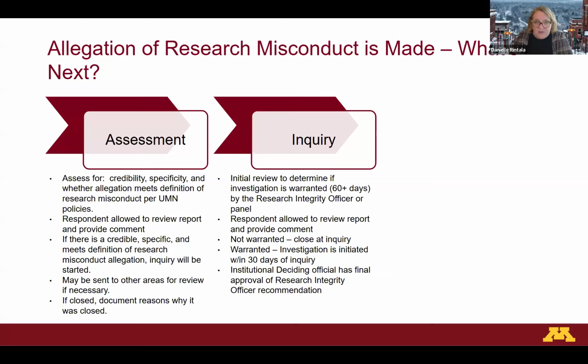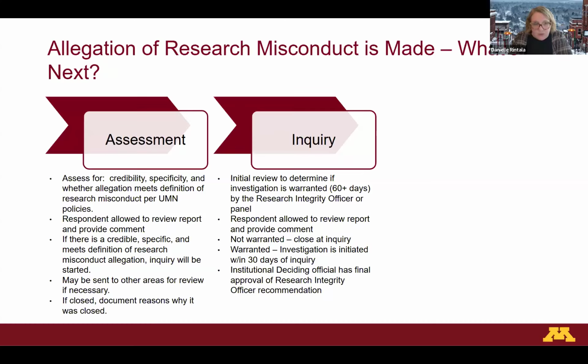And then we carefully examine the information that was presented to us. If it's a plagiarism case, we use tools such as Authenticate or Copy Leaks to do evaluations. And then we always consult with a faculty member that has appropriate expertise to give us consultative advice on what we have reviewed.